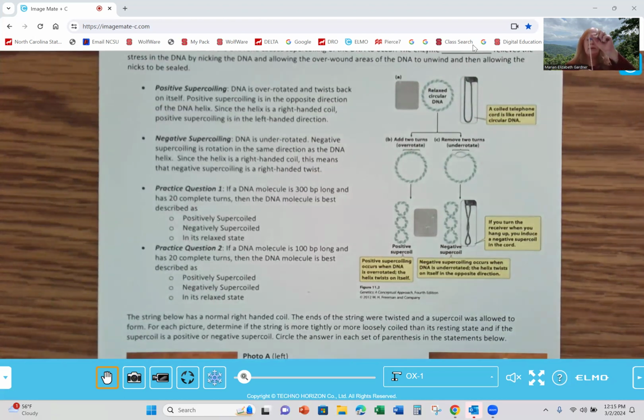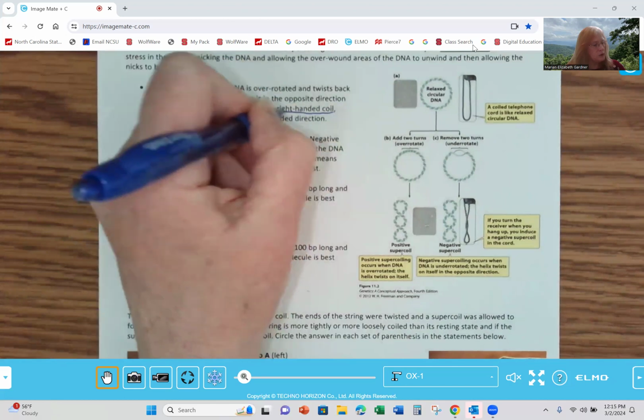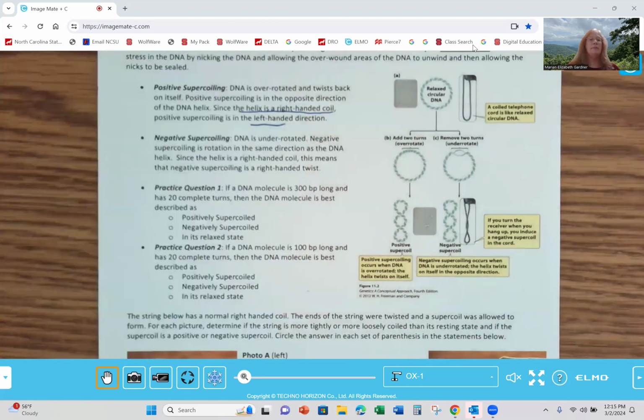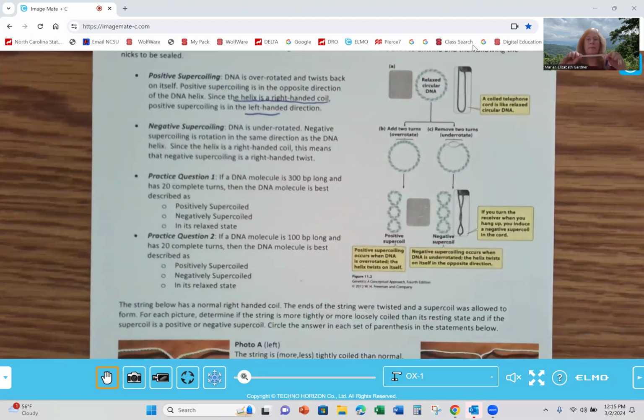Well, this string is a right-handed coil, and since the DNA helix is also typically right-handed, a positive supercoil will be left-handed. So if DNA is a right-handed coil, then you would expect a positive supercoil to be a left-handed coil.